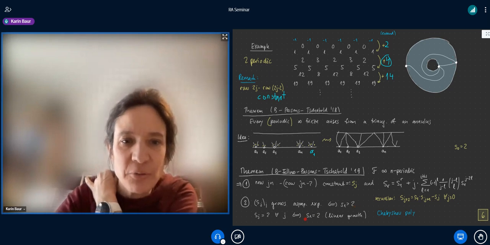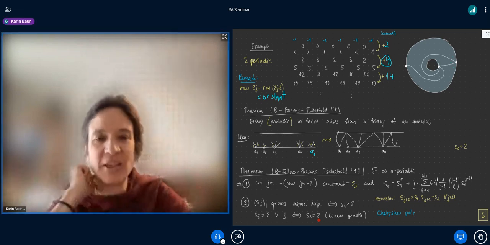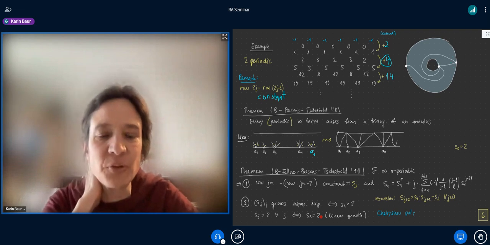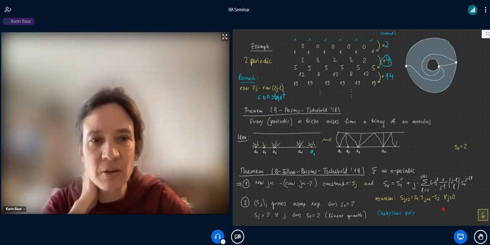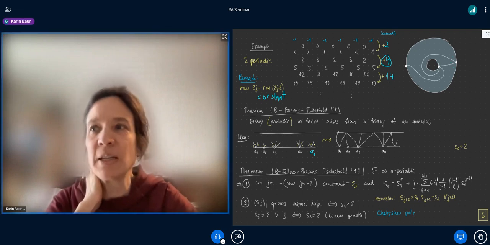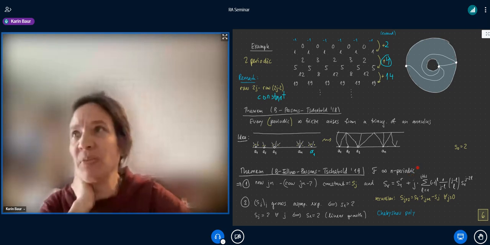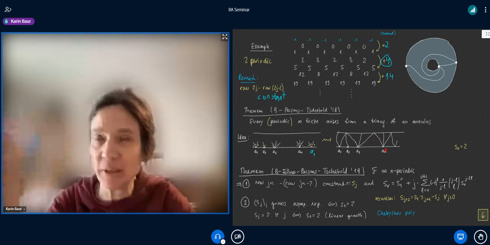So the linear growth is the boundary case, when we have a plus 2. So you can go back and check the linear growth. There you should find that the first interesting coefficient is S1 equals 2. And that's a Chebyshev polynomial of the first kind, if you modify it slightly.